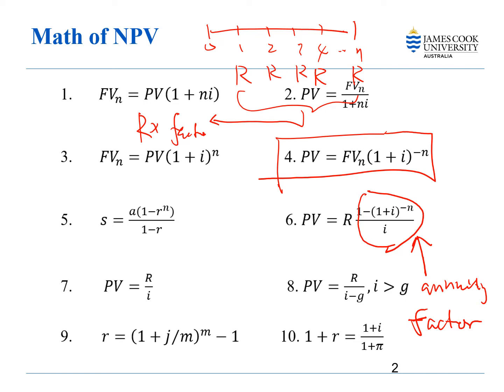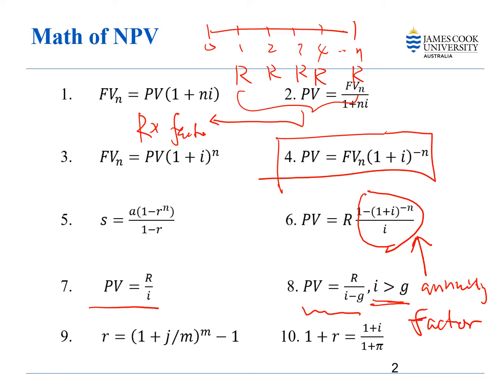Okay, if these are dollar payments, cash flow per period, that occur forever, then we end up having a perpetuity, and that's the present value of the perpetuity. If this perpetuity is growing at a rate smaller than the discount rate, then we can calculate this growing perpetuity present value as this.